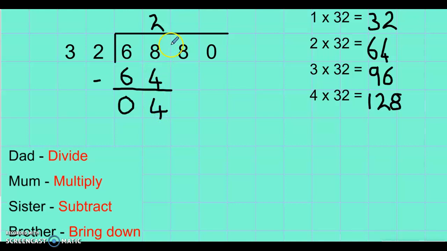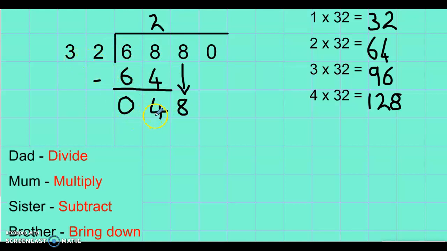Now, normally we would go and write the little 4 up there, wouldn't we? Because we'd move it on because that 4 hasn't been divided by 32 yet. But instead, as there's so many numbers, instead of putting the 4 up there by the 8, we bring down, there's the brother, we bring down the 8 down here. And instead of thinking how many 32s in 48 over there, we just bring it down and do the same thing.